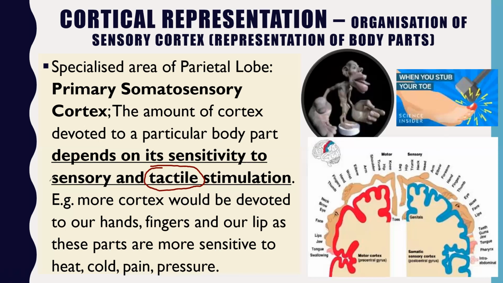Okay, when we're talking about sensory stimulation, examples are heat, like a hot mug of coffee; cold, like when your feet are on a tiled floor and it's really cold, you've got to put your shoes or socks on; pain, for example, when someone pinches your finger or your wrist, it might hurt a little bit more than when they pinch your knee; and pressure.